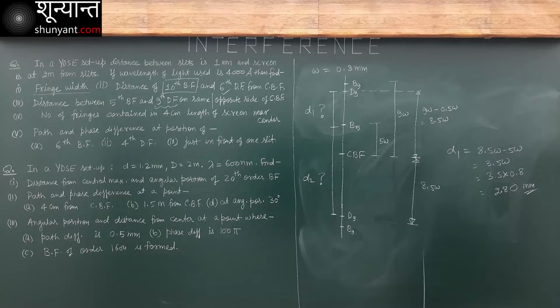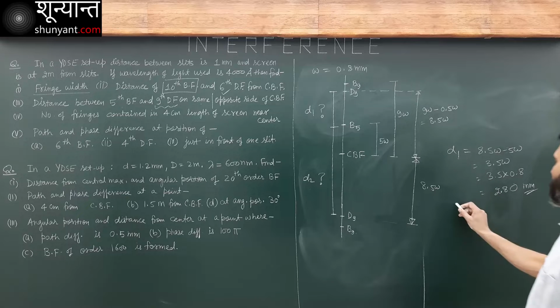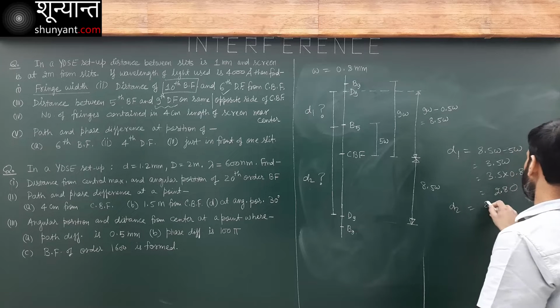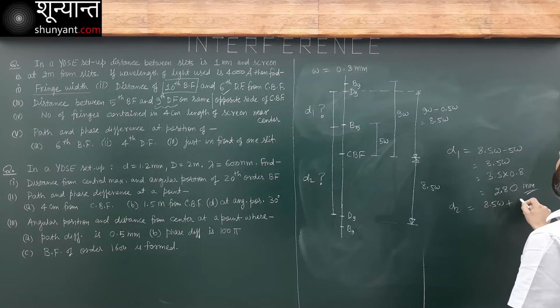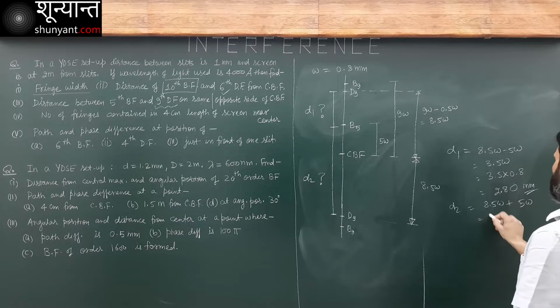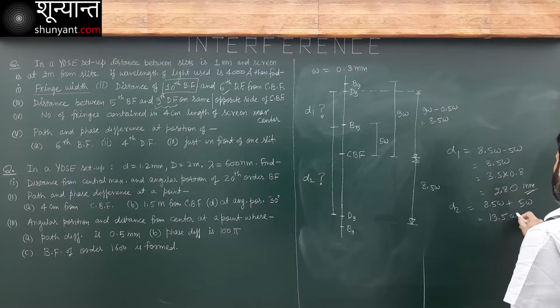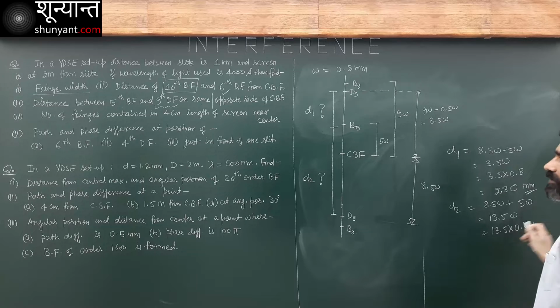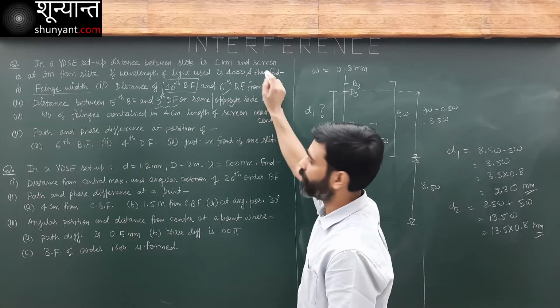Now d2 will be equal to 8.5 omega plus 5 omega, which will be 13.5 omega. So 13.5 into 0.8 millimeter will be the answer for the case when both are on opposite sides.